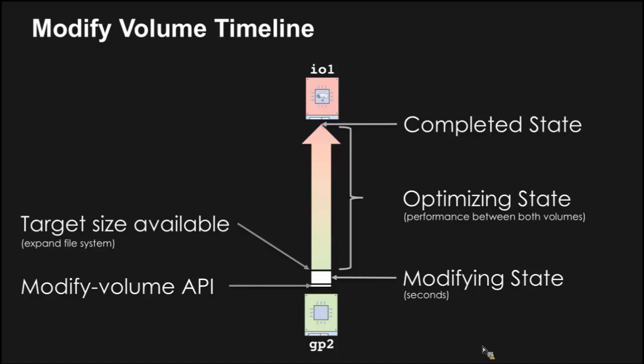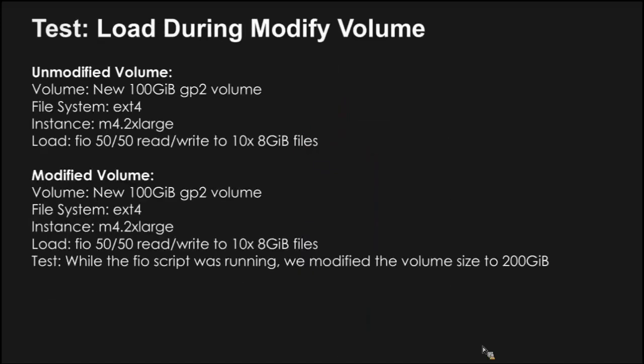Right after that, it enters the optimizing state. And if you're doing an increase in the size, your target size that you specified will now be available when the optimizing state starts. So you could actually go in and expand your file system to take advantage of the new extended volume. Then at the very end, we go into the completed state, notifying you that the modification has been completed.